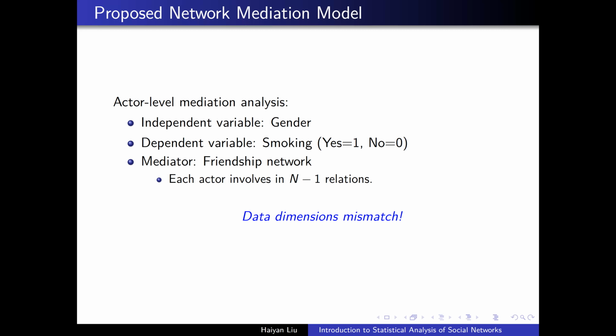Therefore, we need to find a method that could make the dimensions of gender, network, and smoking match each other. So we either need to reduce the dimension of the network, or we could increase the dimension of gender and smoking. In the current formulation, we choose to reduce the dimension of the network.